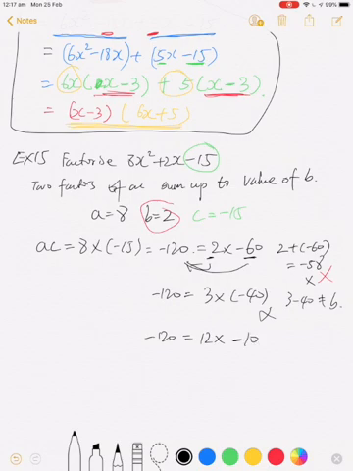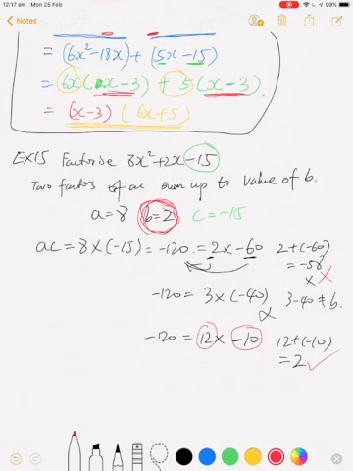That still gives negative 120, and adding them together is equal to 2, which sums up to the value of b. So b is equal to 2, which is correct. These are the two factors we are looking for.